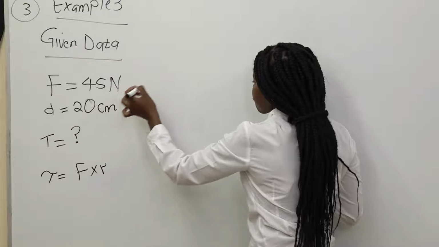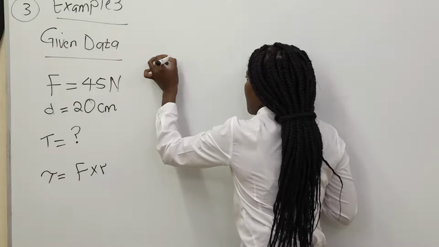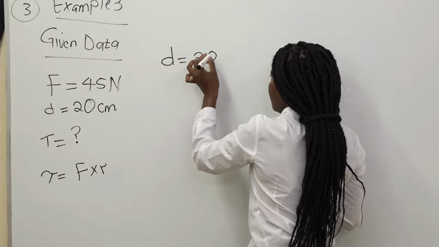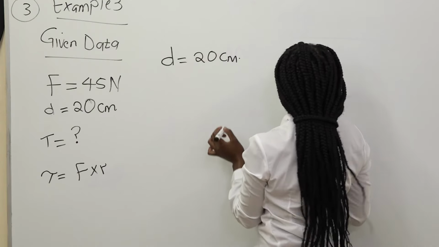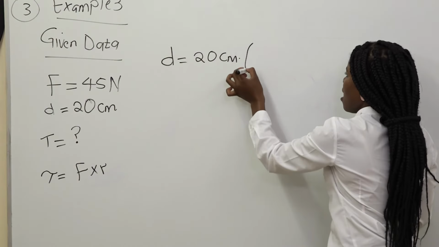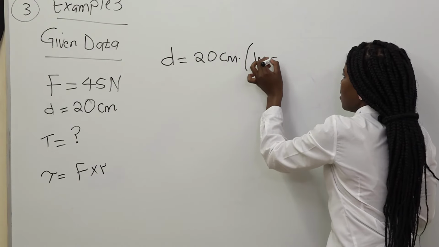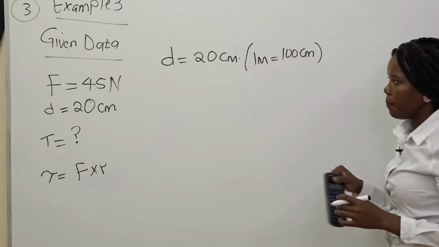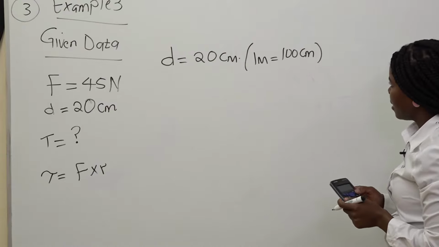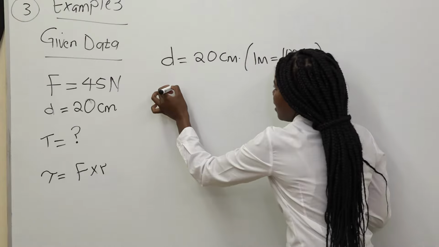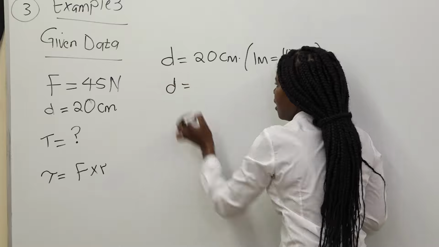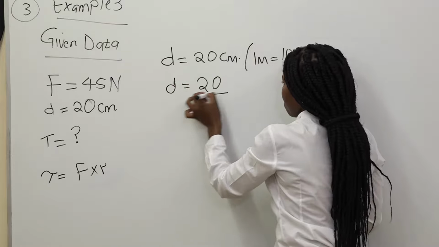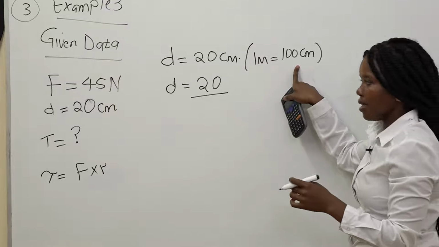So you say D, which is 20 centimeters. And we know that 1 meter is given by 100 centimeters. So now, since we have 20 centimeters, we will say D is equal to 20 divided by 100.